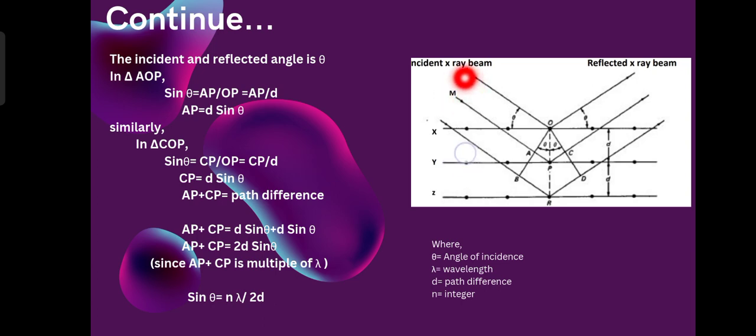Okay, so the incident radiations from the cathode ray tube generate the X-rays, right? So when these X-rays fall onto the topmost layer, this is my top layer, this is my second plane, this is my third plane, and the distance between 2 planes is referred to as interplanar distance, which is represented by letter D, right?